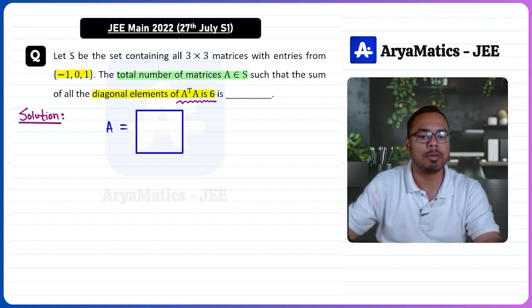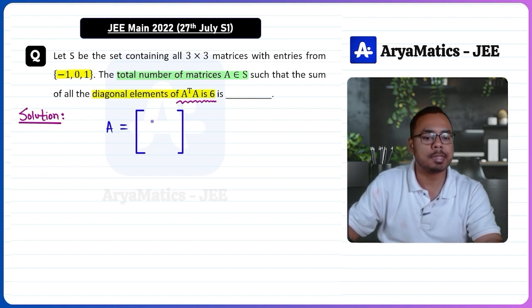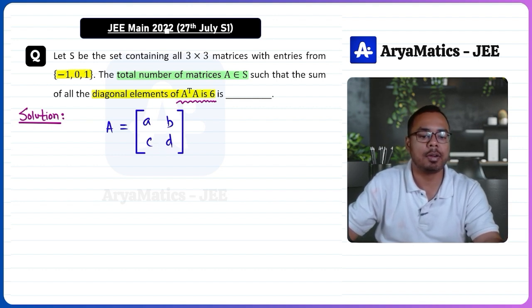I'll take an example of 2 cross 2 matrix to explain the idea, but the result is valid for any general n cross n matrix. So let us say I have some matrix A, B, C and D, and we need to find A into A transpose.